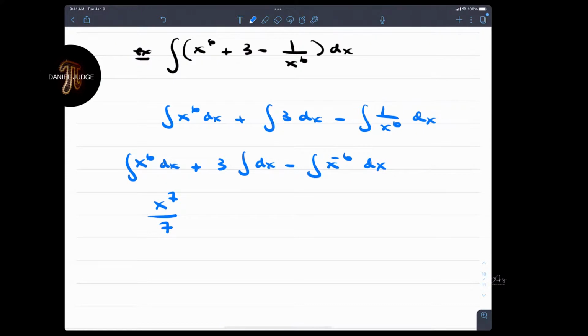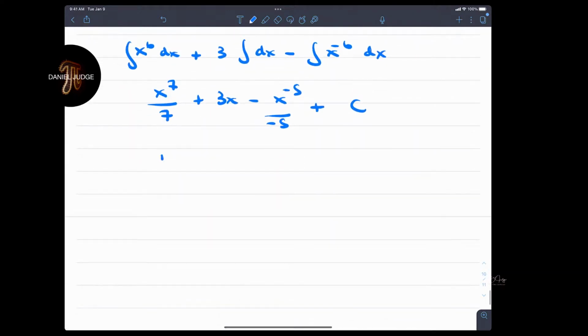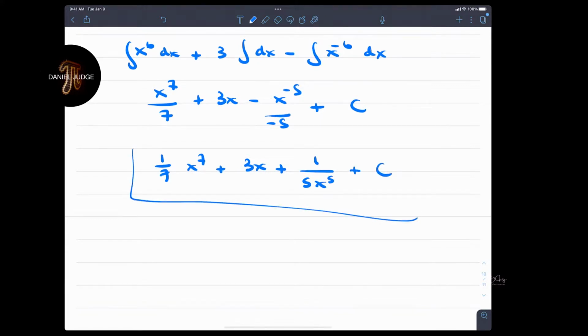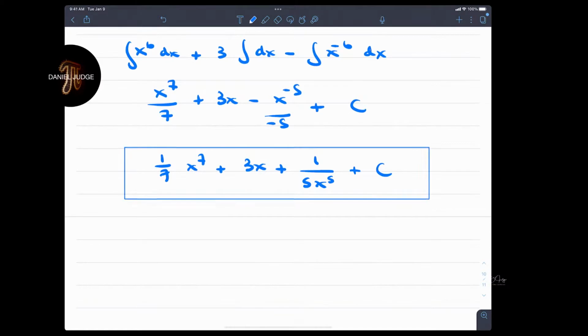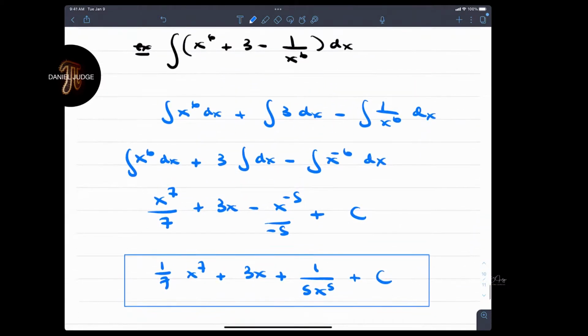X to the 7th over 7 plus 3x minus x to the minus 5 over minus 5, because negative 6 plus 1 is negative 5, plus the constant. So we get 1/7 x to the 7th plus 3x plus 1/5, and that's going to be in the denominator now. There you go. There it is.